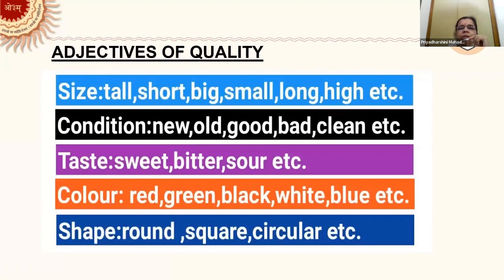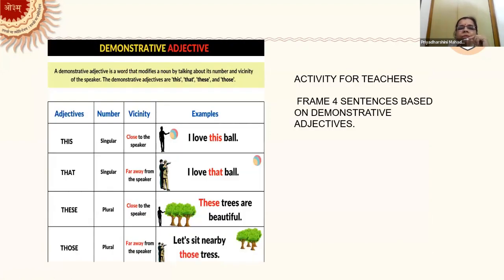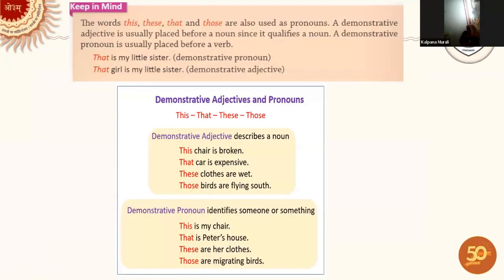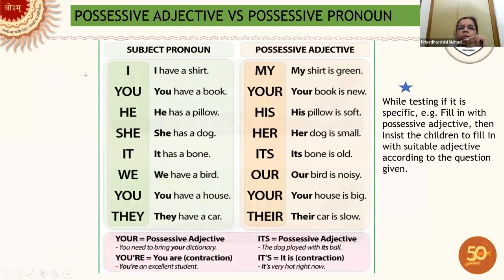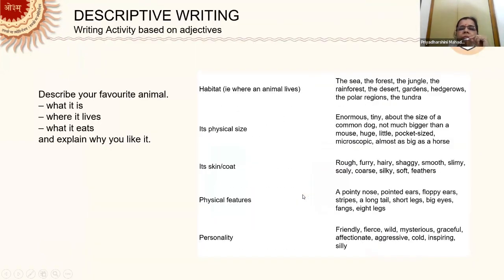All these things we discussed yesterday: quality, quantity, demonstrative, pronouns, and also the difference between the pronoun and possessive adjective, and comparison of adjectives. So now we are going to discuss descriptive writing.